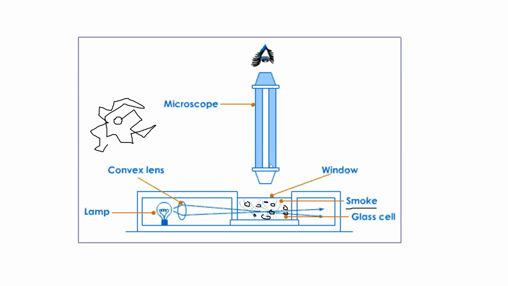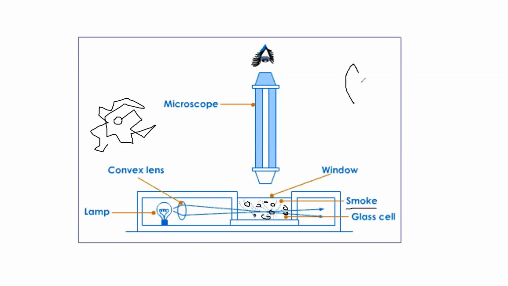What is a convex lens? There are two types of lenses, convex and concave. The purpose of the convex lens is to converge the light, to focus, like what it normally does.